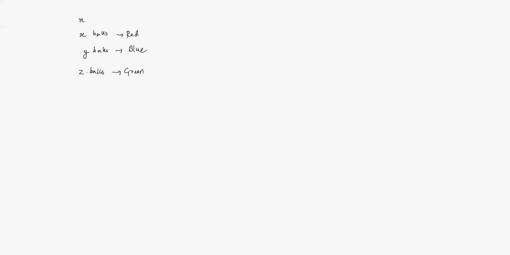So X plus Y plus Z, the total number of balls, is 30. The question is, if you want to arrange these balls in 30 places, in a row, how many ways are possible? That's the question. How many ways are possible?